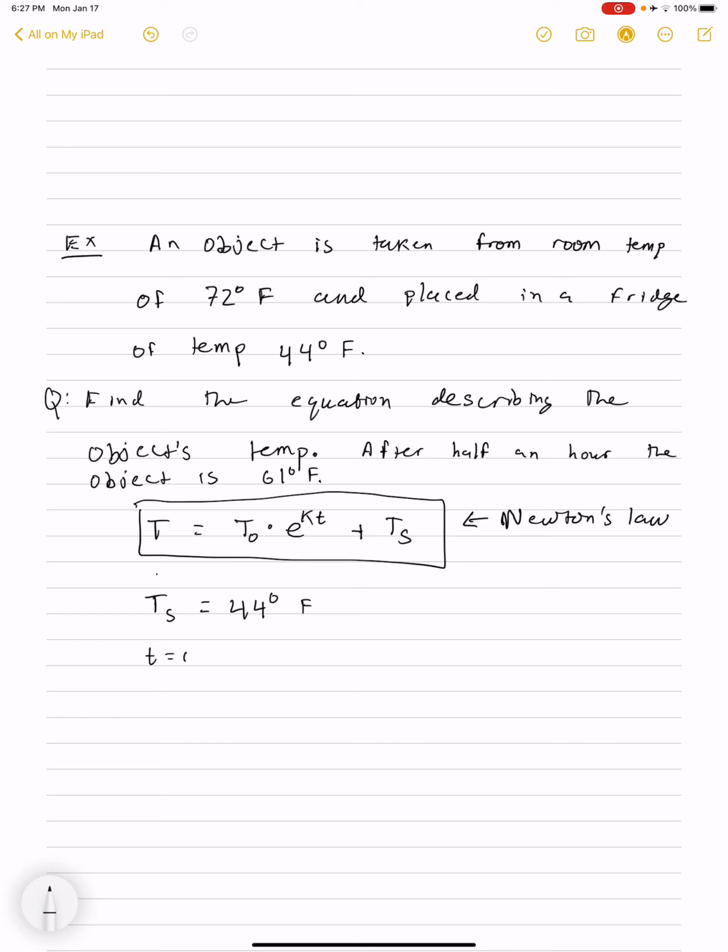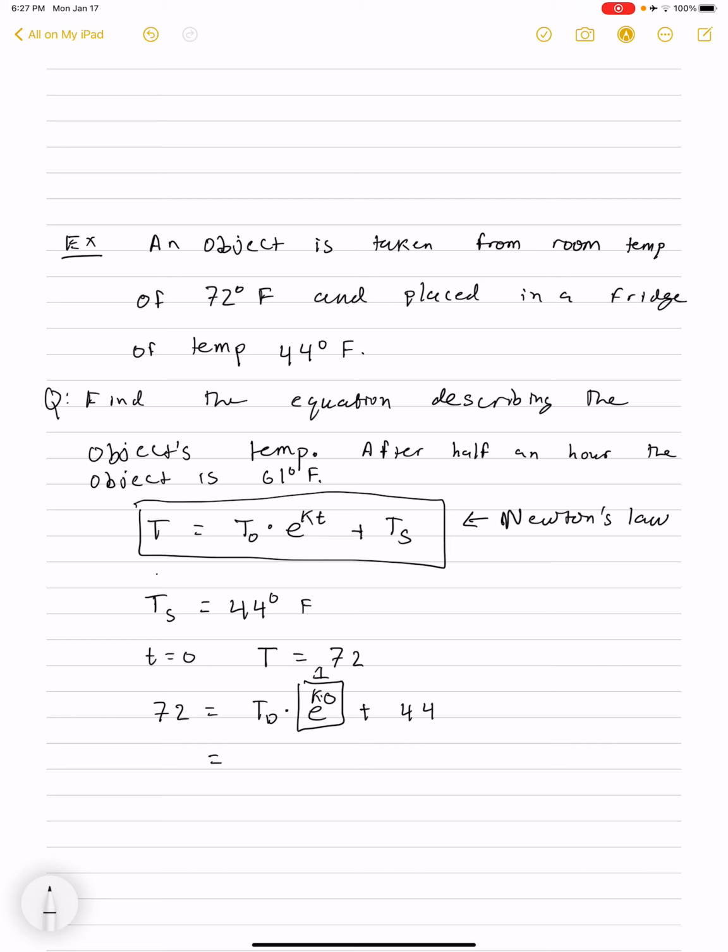We know that at t equals 0, the temperature is 72 degrees. So that means 72 is going to be equal to T sub d times e to the k times 0, plus 44 degrees. Well, remember, e to the 0 has a value of 1.